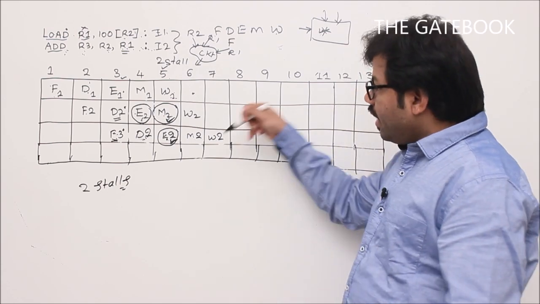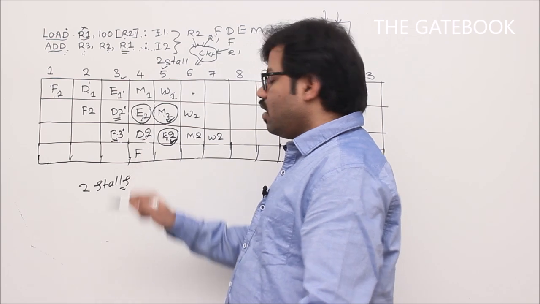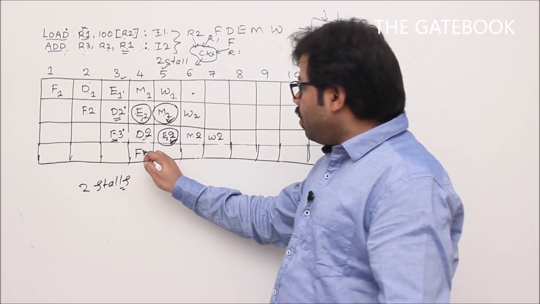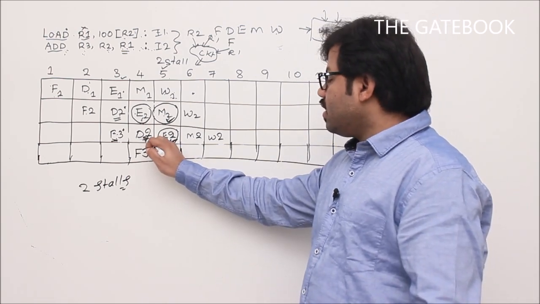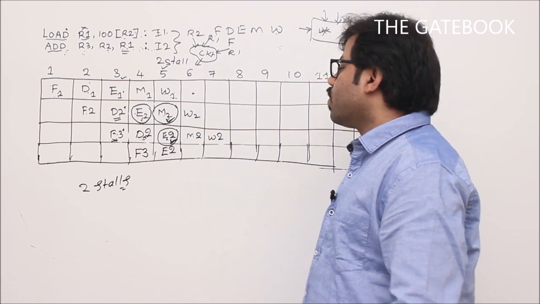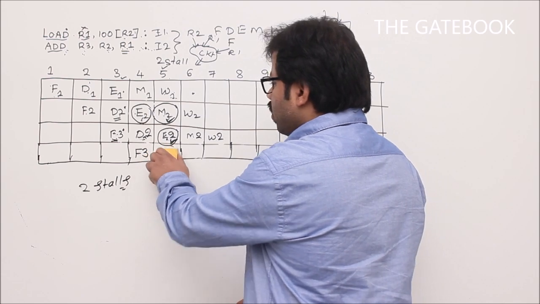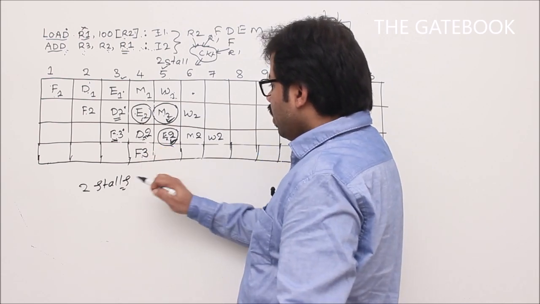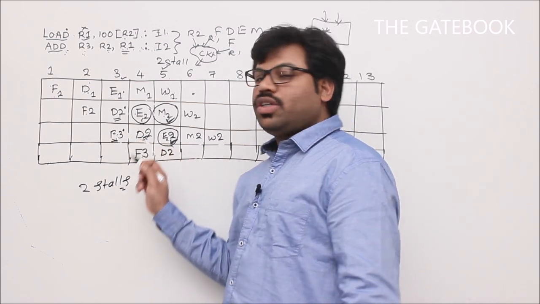Now in the next clock cycle, this time we will be serious, correct? We will really be fetching F3 again, but we are seriously decoding D2 and seriously executing E2. Understand? So that means here we will be fetching F3, and here we will be decoding D2 again, because we are introducing two clock cycles.